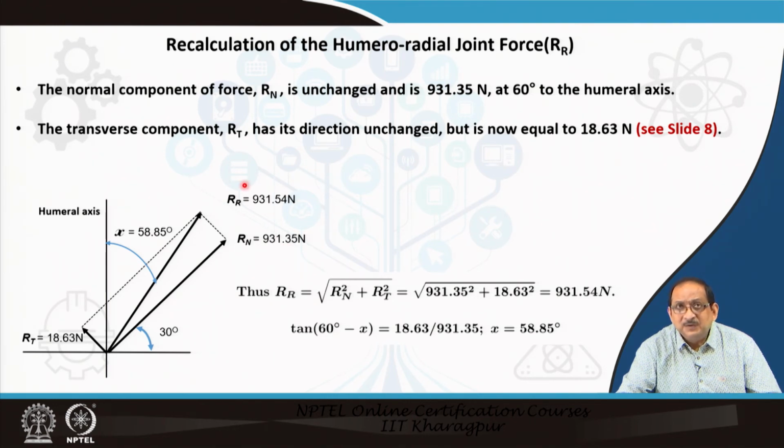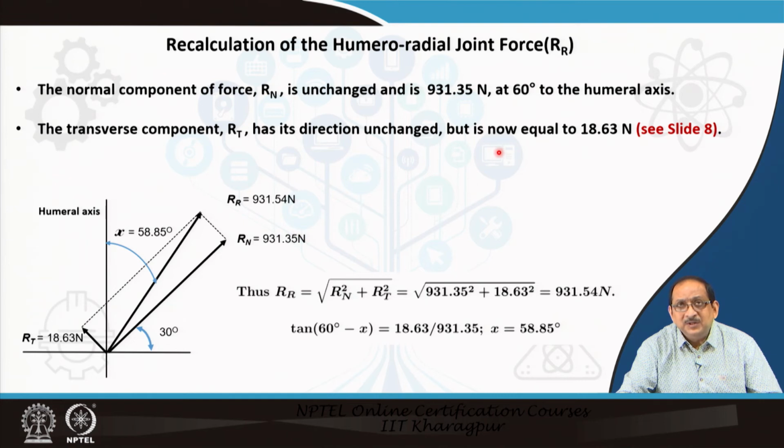However, the transverse or tangential component Rt has its direction unchanged, but now the magnitude is equal to the frictional force that has been calculated earlier in slide 8. Please visit slide 8 for calculation on the frictional force, that is 18.63, and this frictional force is basically now the tangential component of the joint reaction force.